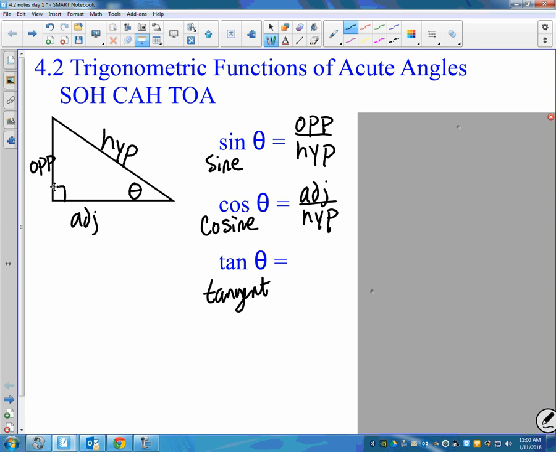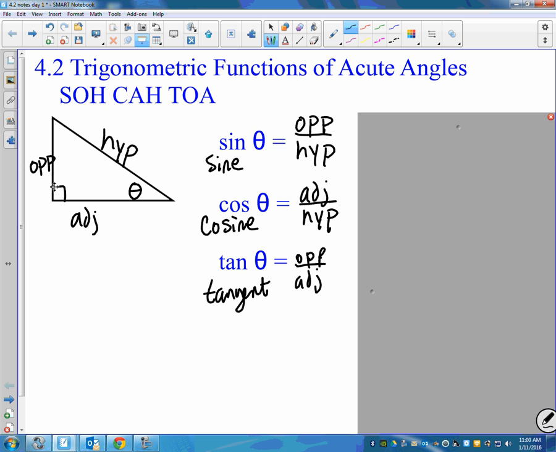And tangent is the opposite side over the adjacent side. And again, what angle you're looking at determines which is your opposite side.